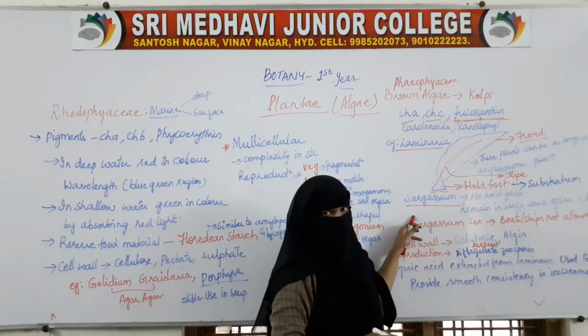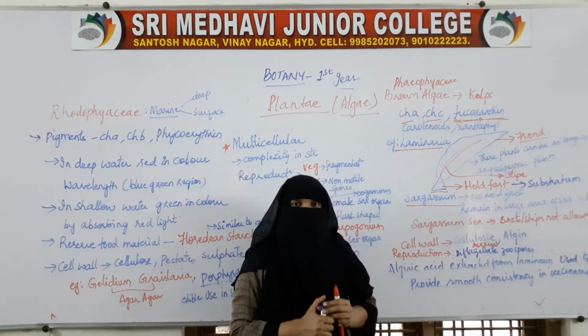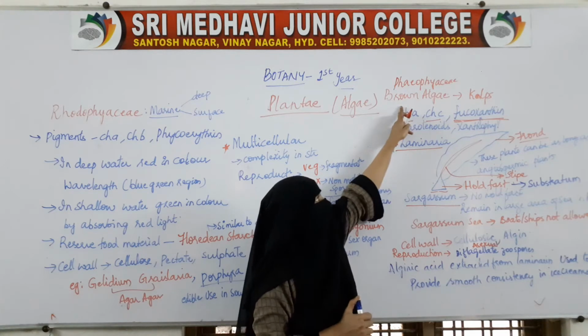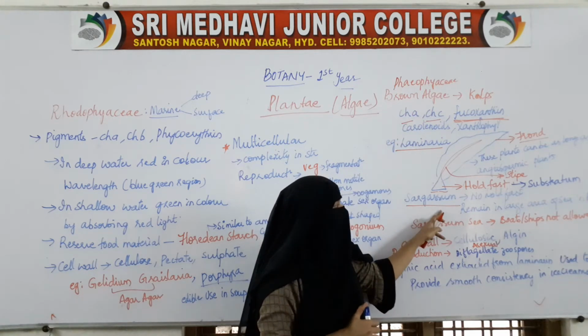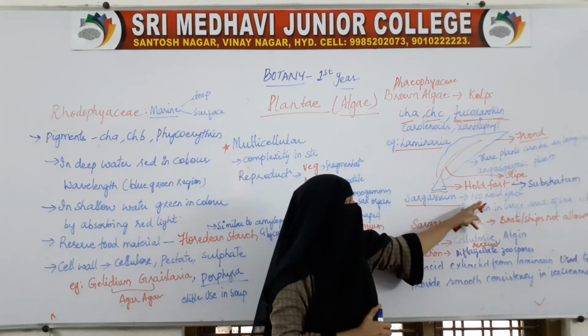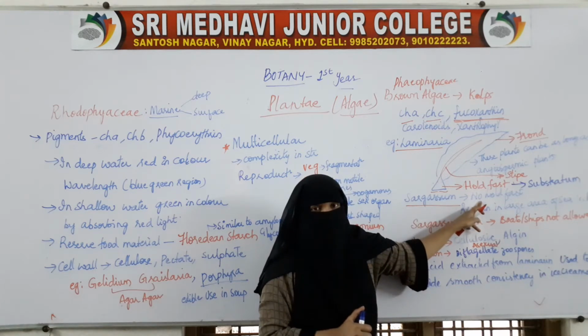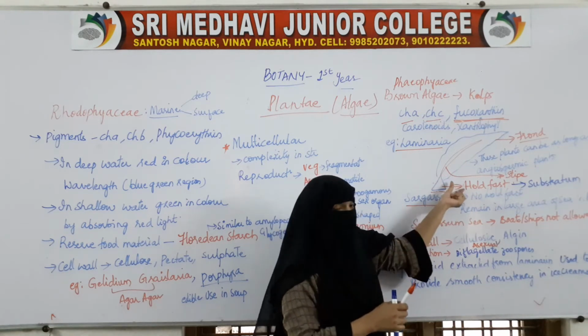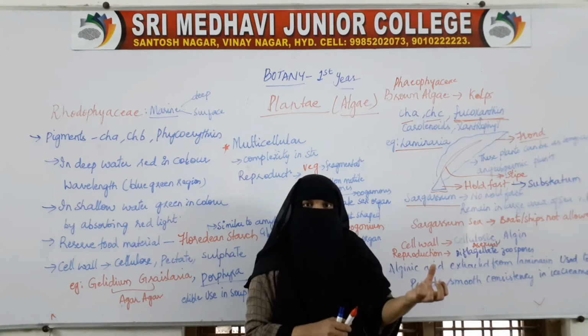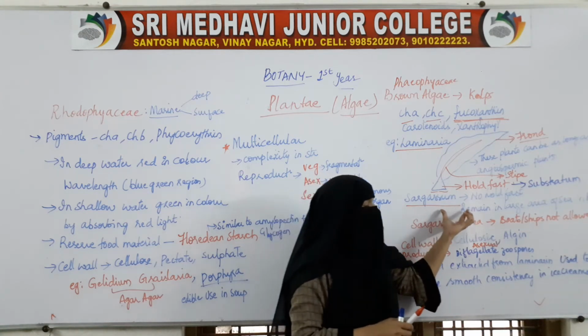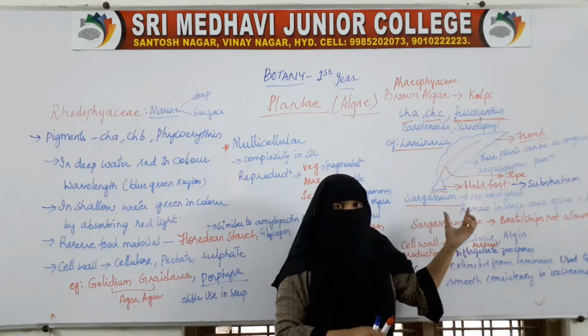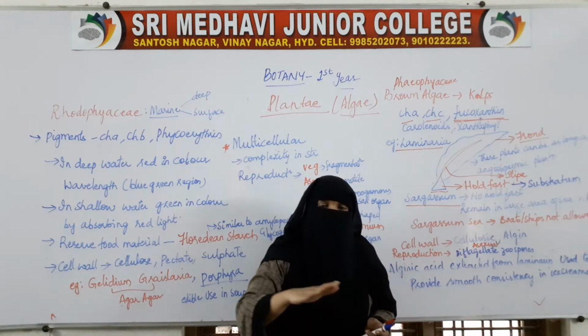Sargassum is also another example of an organism which belongs to Phaeophyceae. In Laminaria, with the help of the holdfast, it attaches itself to the substratum. But here in Sargassum there is no holdfast, so it generally floats on the water.